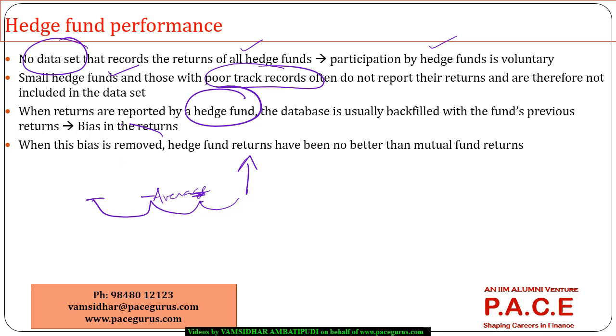So when you remove the bias, it may be the case that hedge fund returns have not been that much higher. Once you include all the funds in the portfolio, their performance may not be drastically different from the performance of typical mutual funds. So we need to understand that aspect as well when we are trying to invest in a hedge fund.